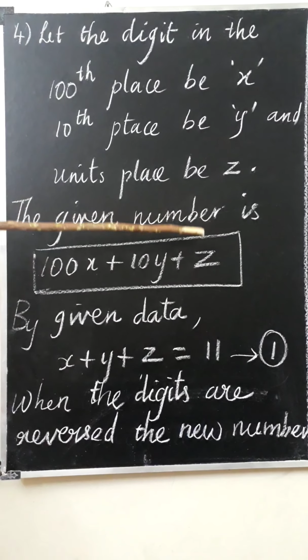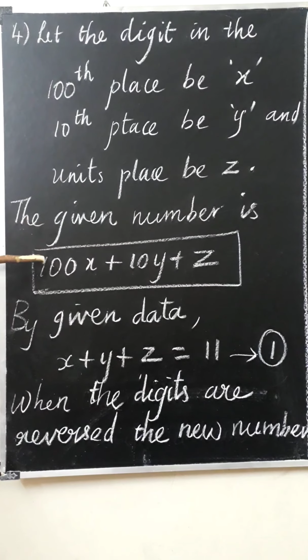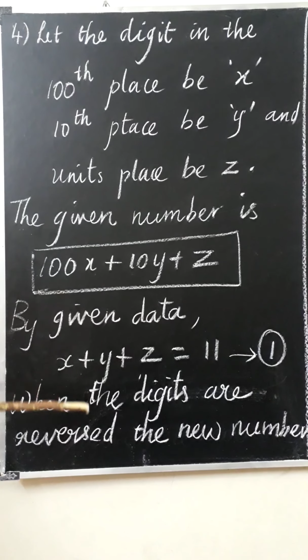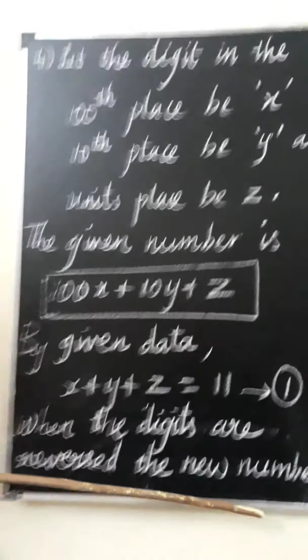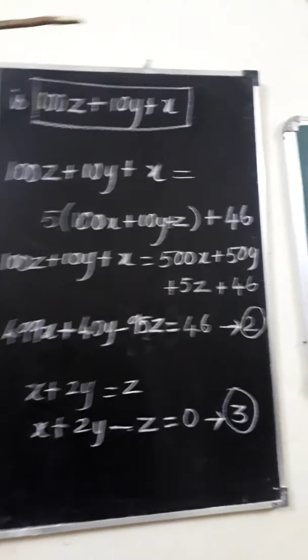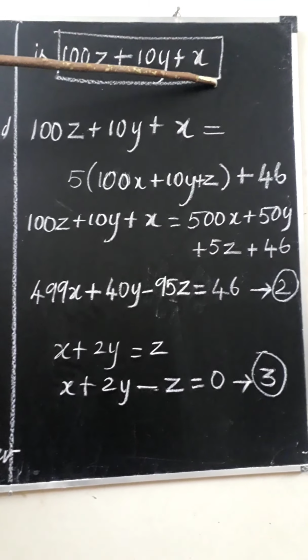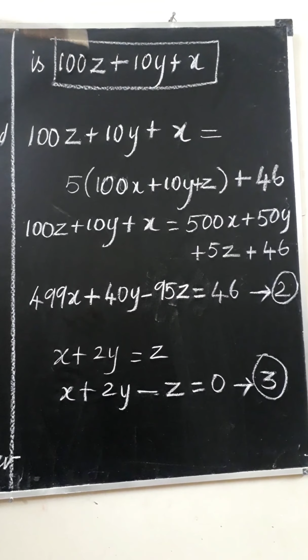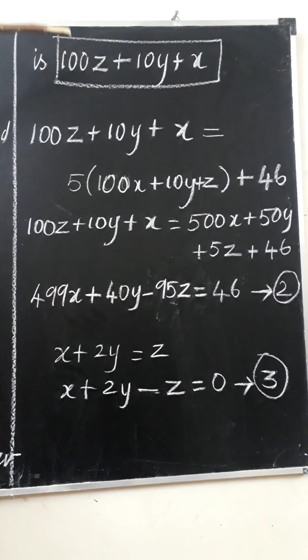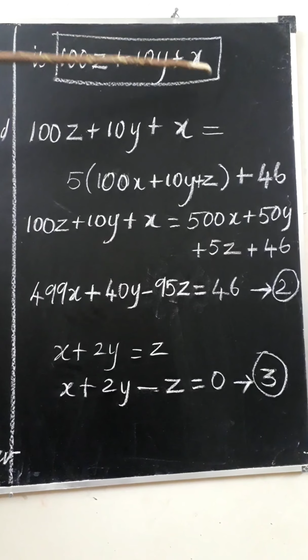X goes to the units place, z comes to the hundreds place. So the new number is 100z plus 10y plus x. X which was in the hundreds place now comes to the units place, and z which was in the units place now comes to the hundreds place.